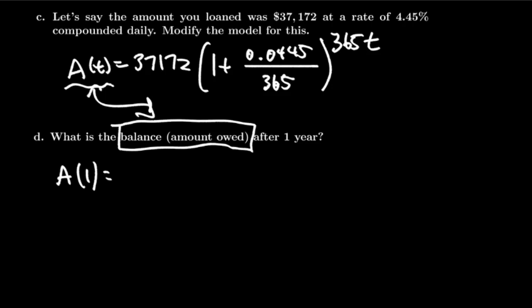So if we put that in for a year, then what's going to happen is we get 1 plugged into there. So I'm going to calculate that real fast because nobody can do that in their heads. So you should also be doing this yourself as well.